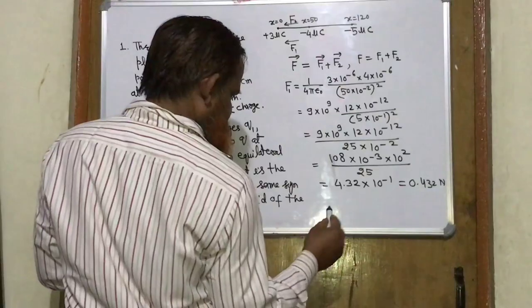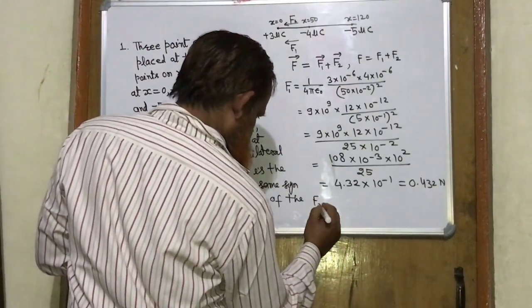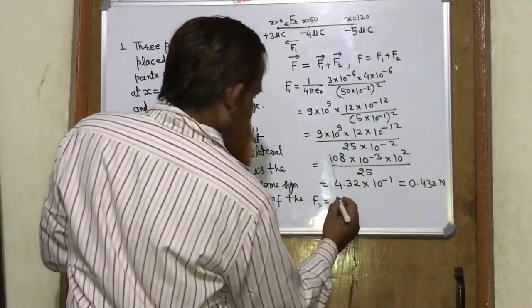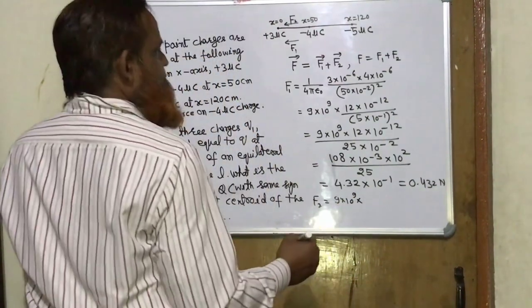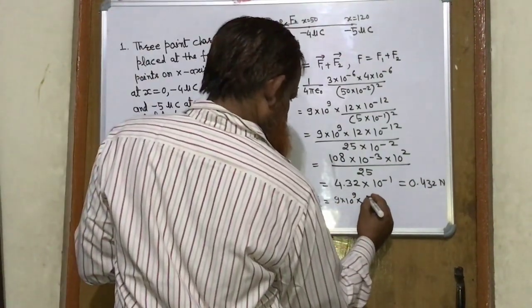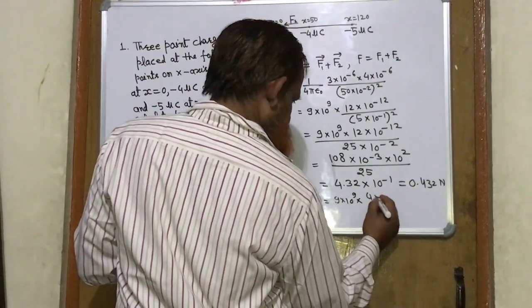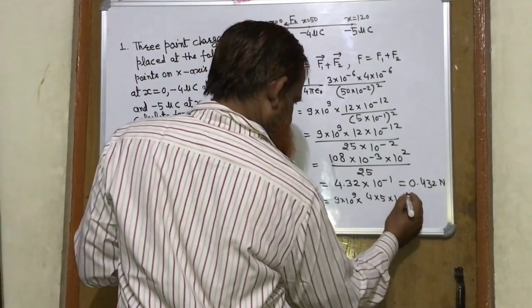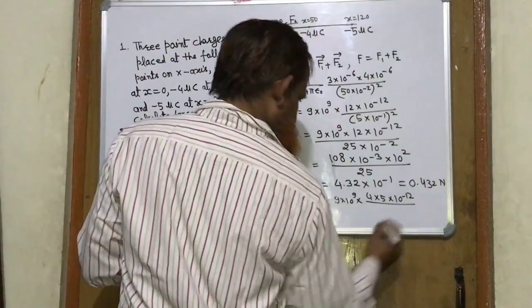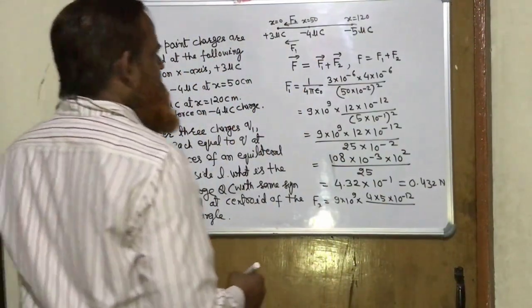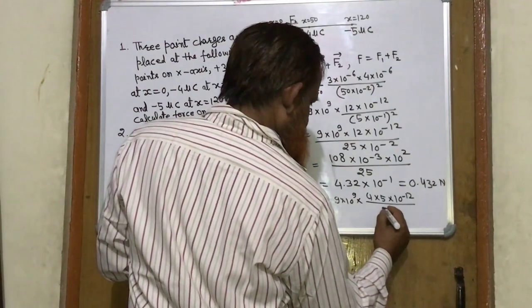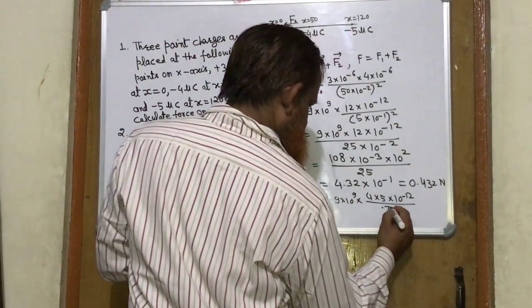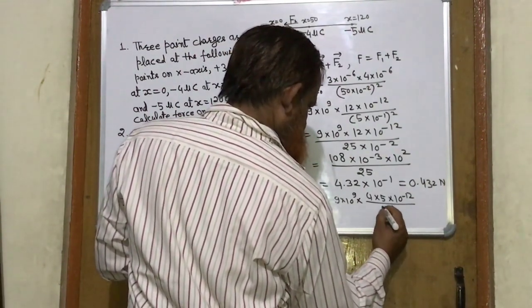You will find F2: 9 into 10 to the power 9 into 4 into 5 into 10 to the power minus 12 upon 77.7 whole square.